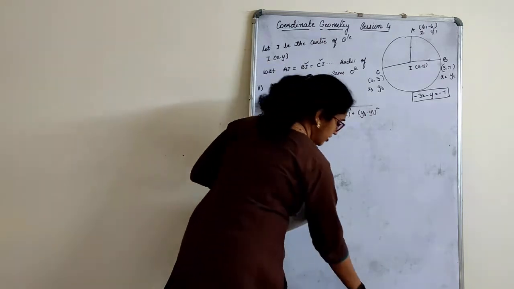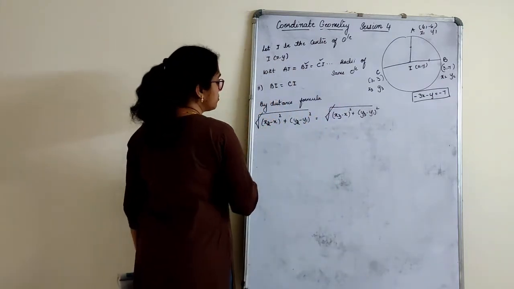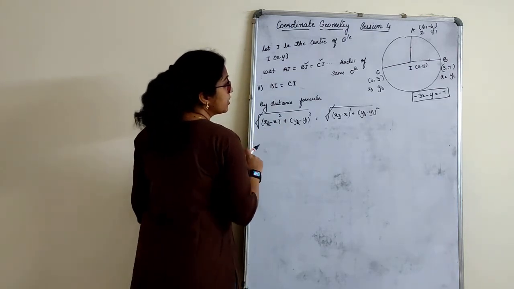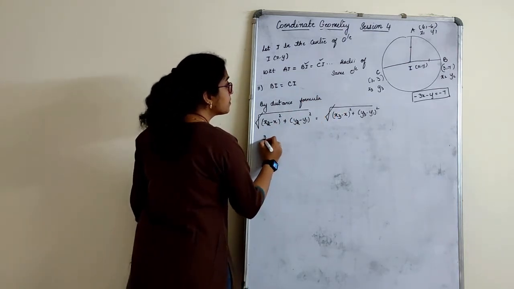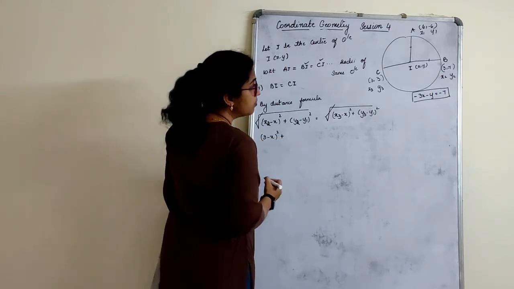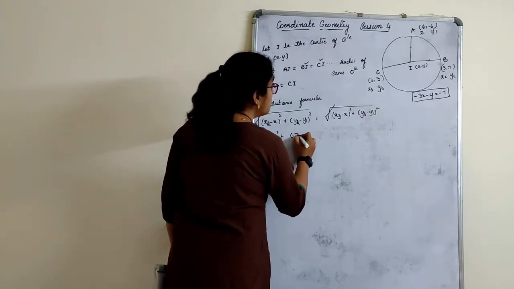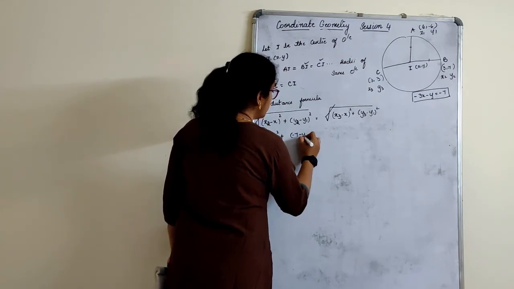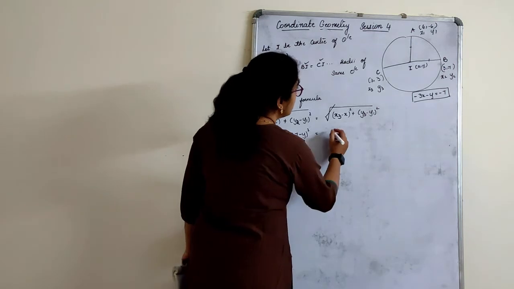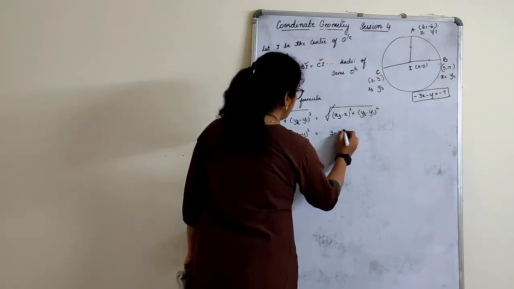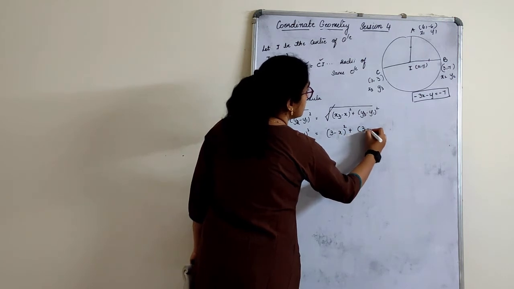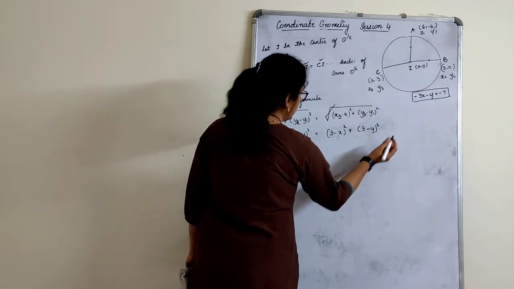There itself I changed it. Okay. Let me substitute now. Square root and square root will get cancelled. Now what is x2? 3. 3 minus x whole square plus what is y2? Minus 7 minus y whole square is equal to what is x3? 3 minus x whole square plus 3 minus y whole square.